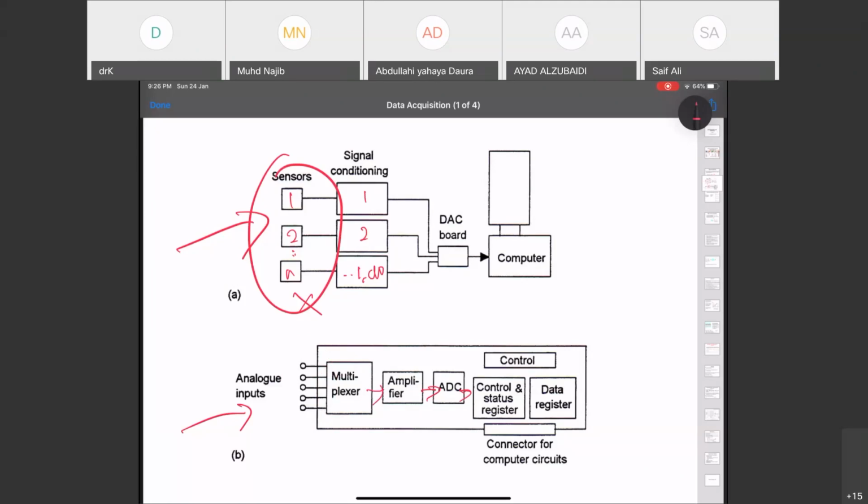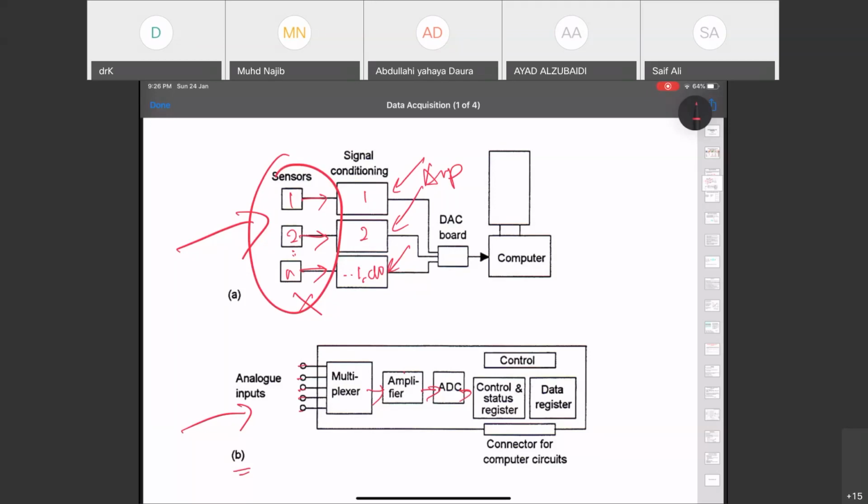Previously it was one input, one sensor, one amplifier. In this architecture, you may have one amplifier for all sensors, while in the middle you have the multiplexer.